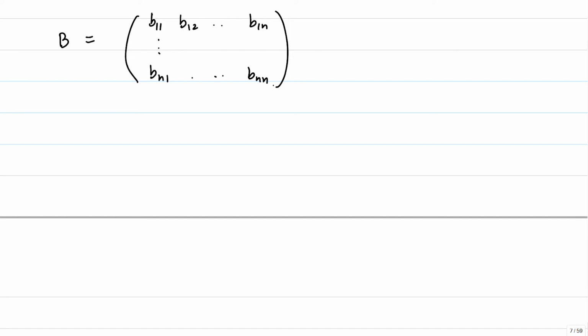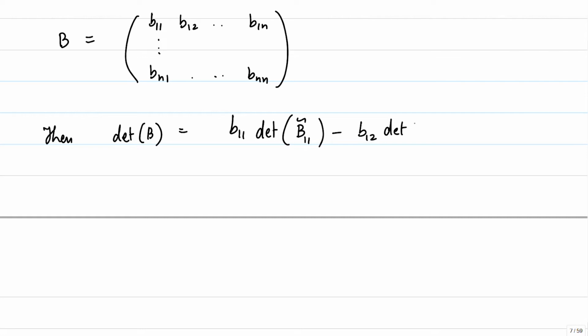Now let's look at the cofactor expansion to calculate the degree of the determinant of B. The determinant of B will just turn out to be equal to B11 times the determinant of B11 tilde, minus B12 times the determinant of B12 tilde, and so on.